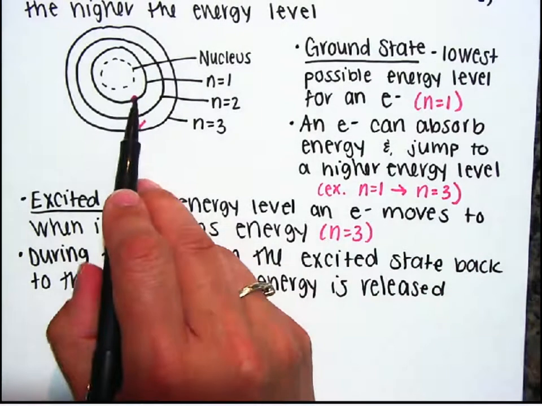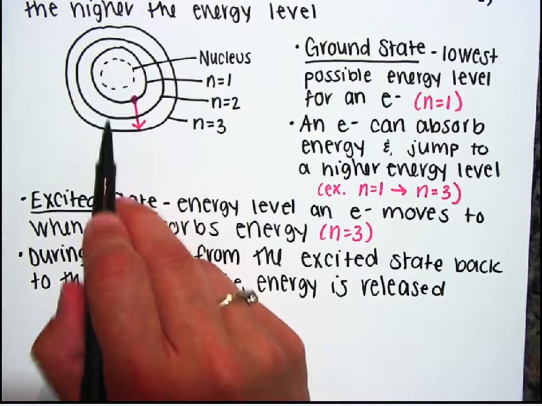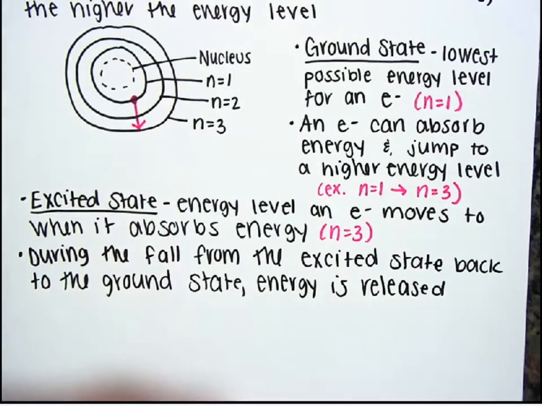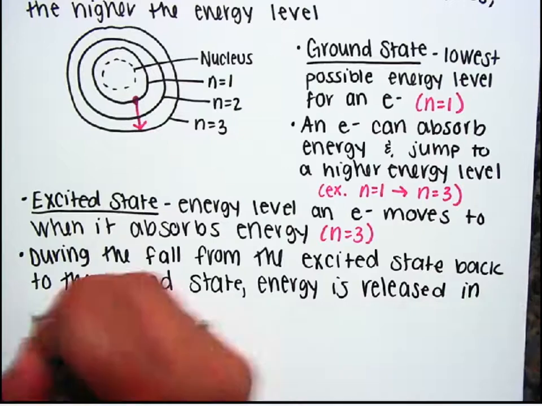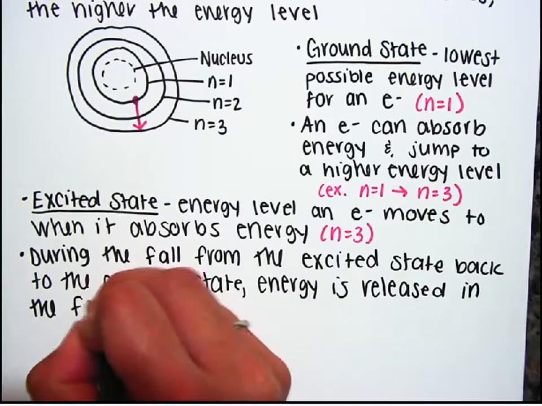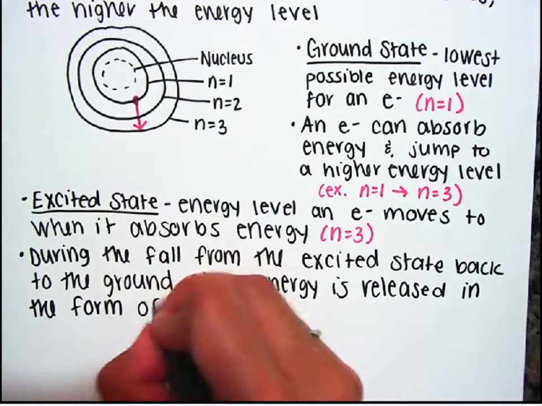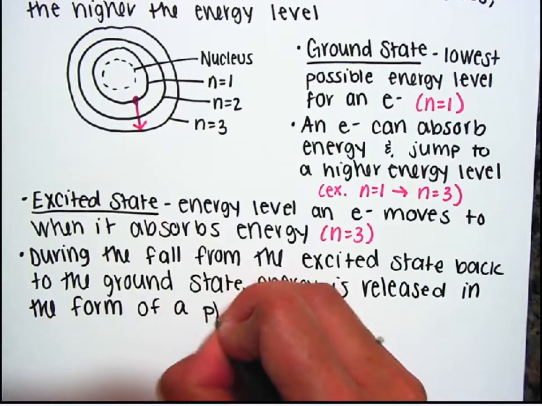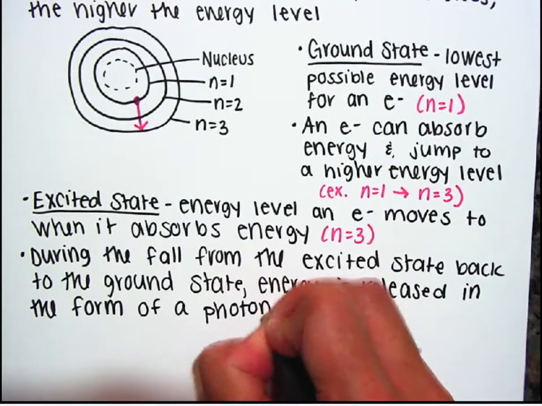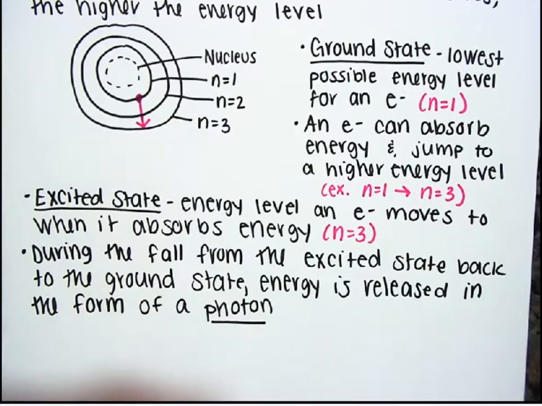So if it absorbs energy on its way up, when that electron goes back down, that energy needs to be released. And it is released in the form of a photon. A photon is just a packet of light energy.